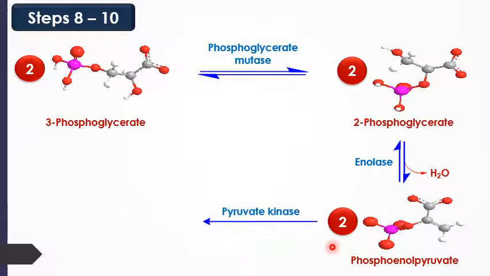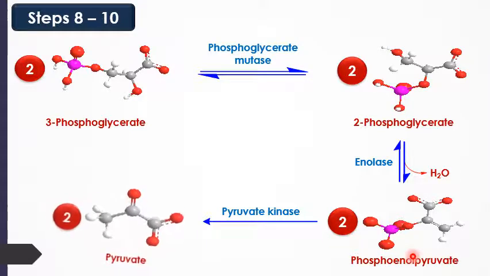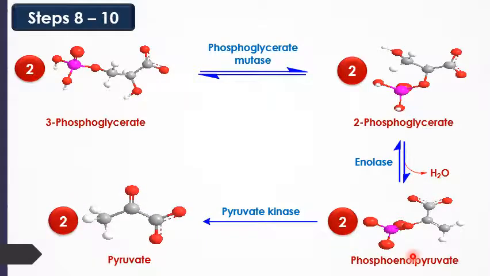And in the final step, in the presence of pyruvate kinase, the two molecules of phosphoenol pyruvate will convert into two molecules of pyruvate, the final product of the glycolysis process. This pathway also includes the conversion of 2 ADP into 2 ATP as released energy.